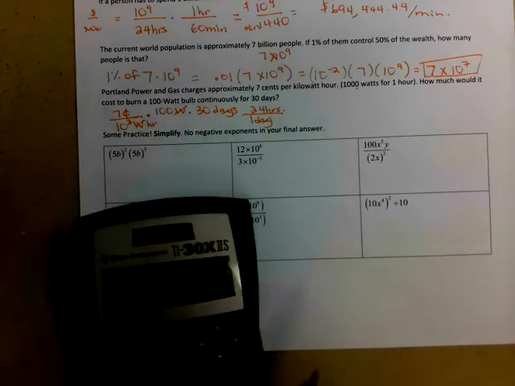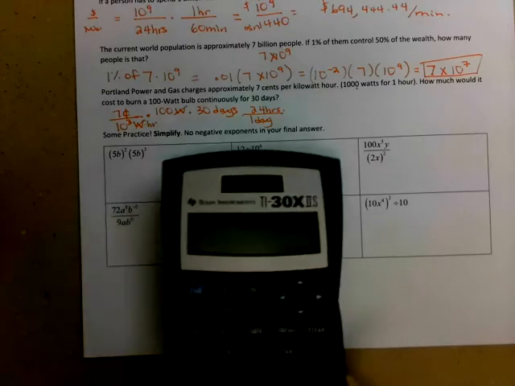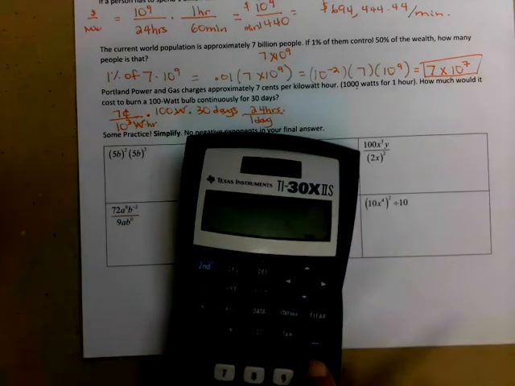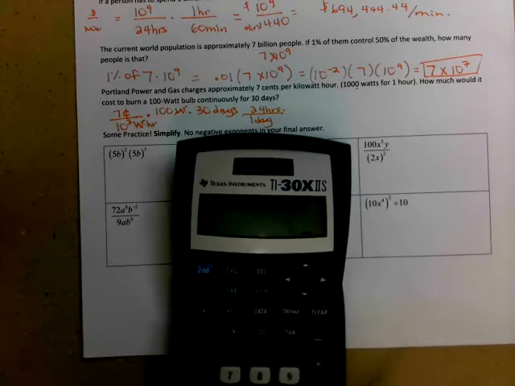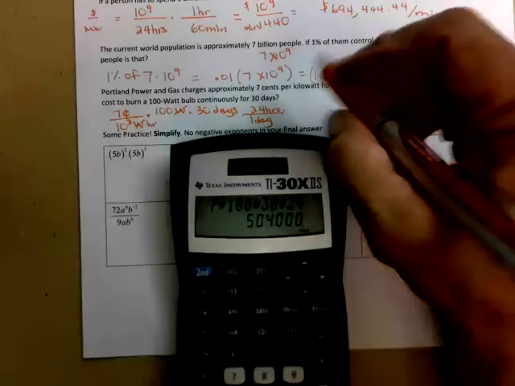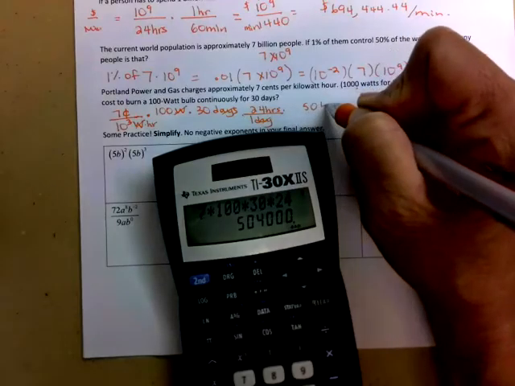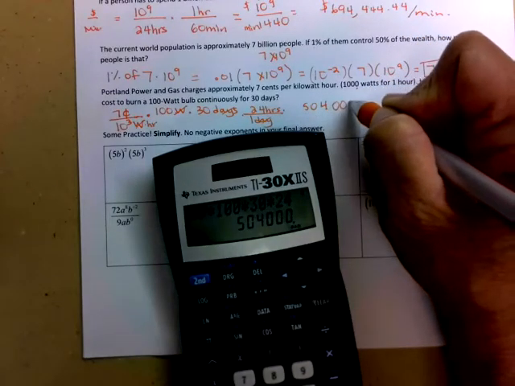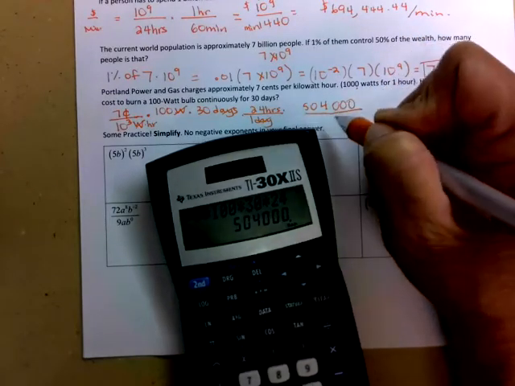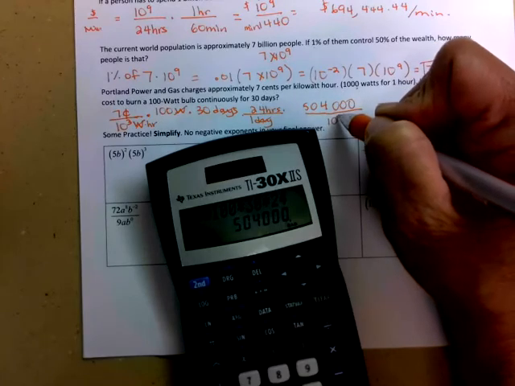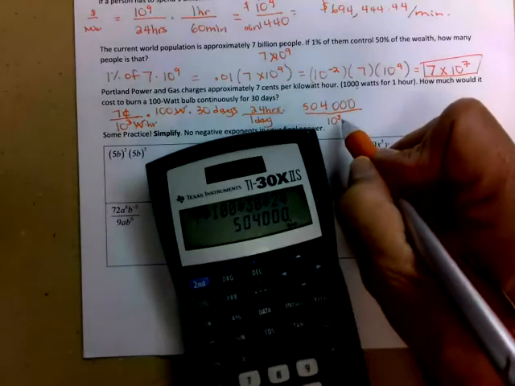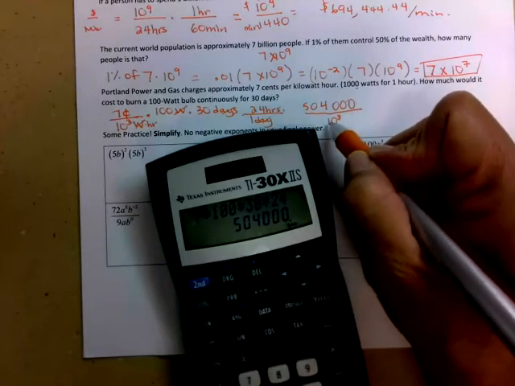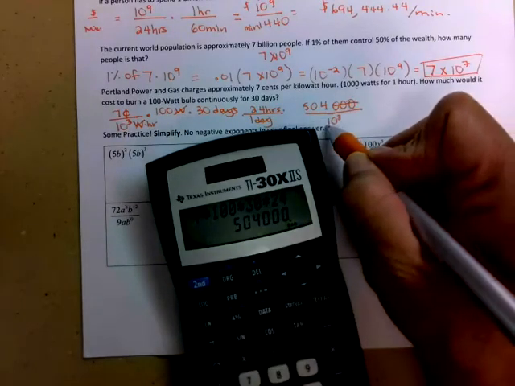So I'm going to have 7 times 100 times 30 times 24, and then divided by 10 cubed. So the 10 cubed, right, that's 3 zeros. So that'll just cancel those final 3 zeros.